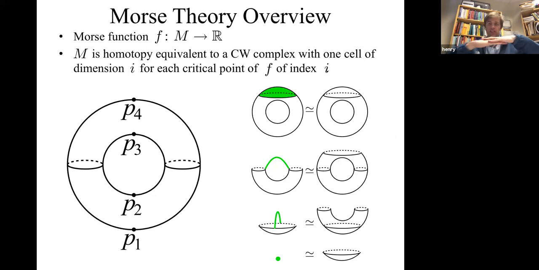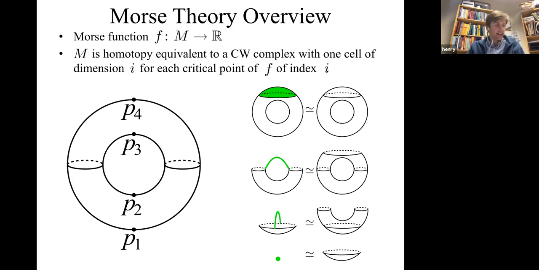Once you cross P2, your sublevel set is homotopy equivalent to this macaroni noodle, and that's the same shape as taking your disk and gluing on an edge, the edge corresponding to the critical point P2 of index 1. Then as you pass P3, you get this next sublevel set, and again, up to deforming the space, you've attached one more edge. And finally, when you pass P4, you've glued on this two-dimensional cap at the top.